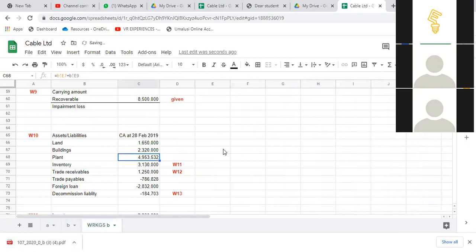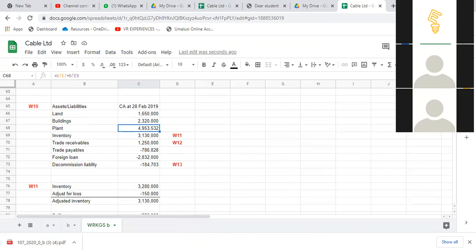Just be aware the plant is going to be 4953. Where do we get that number from now? You just need to figure out where you're going to get that number from. That is basically what the plant is. It is the carrying amount plus the adjustment to the decommissioning liability. So the carrying amount of the plant is what?